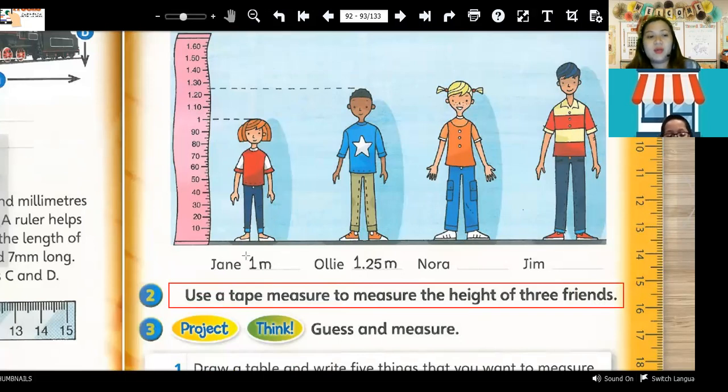I want you to measure them, the height, like how tall are they? Can you do it? Will you do it?